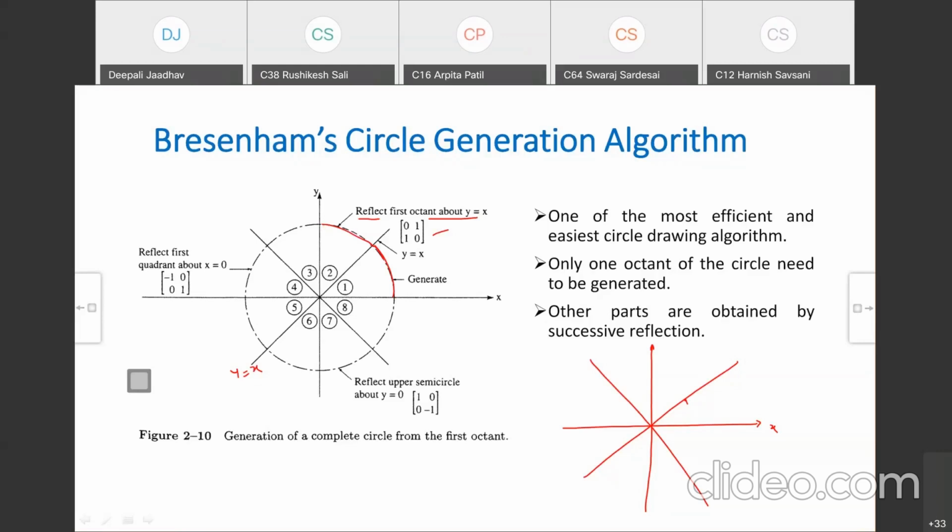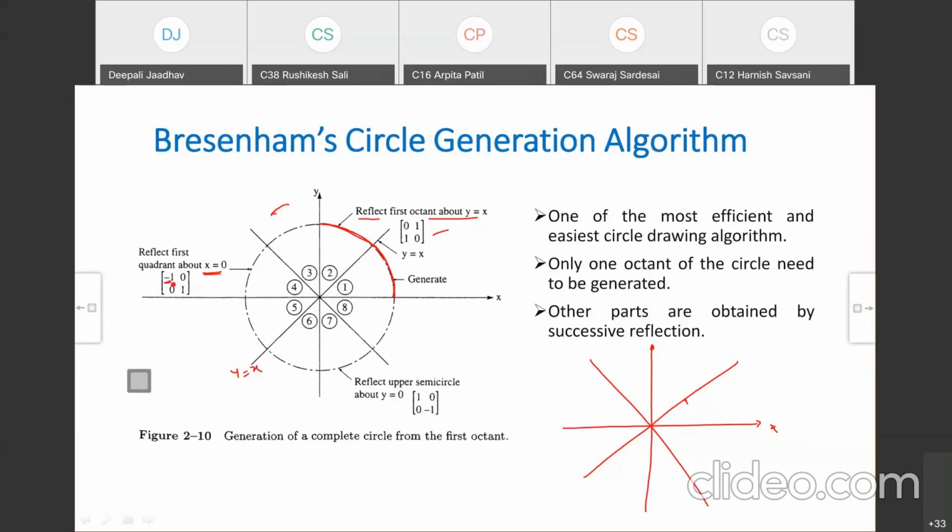After generation of this entire first quadrant, next we reflect it here, in this direction. About x equal to 0. We need to reflect through x equal to 0. So x becomes minus, because here there are negative values of x and there positive values of x.